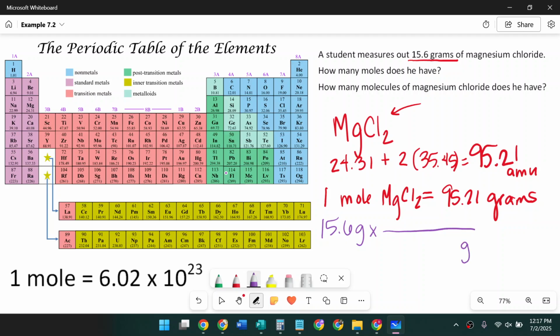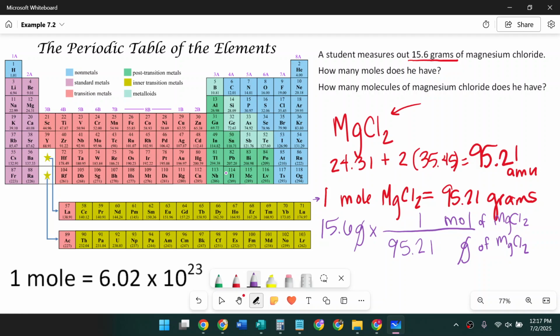Grams will need to go on the bottom and moles will need to go on the top, and that way the grams will cancel. So 1 mole is the same as 95.21 grams of MgCl2, but I am probably not going to write that every time I do this.